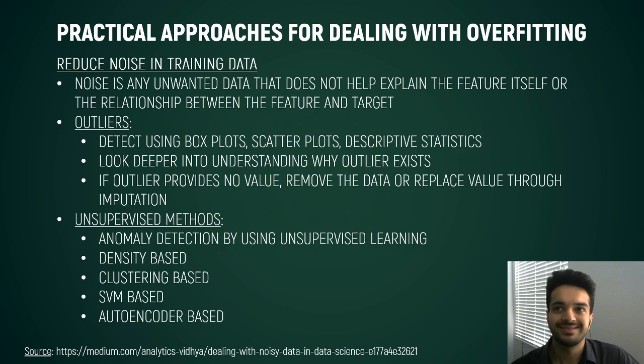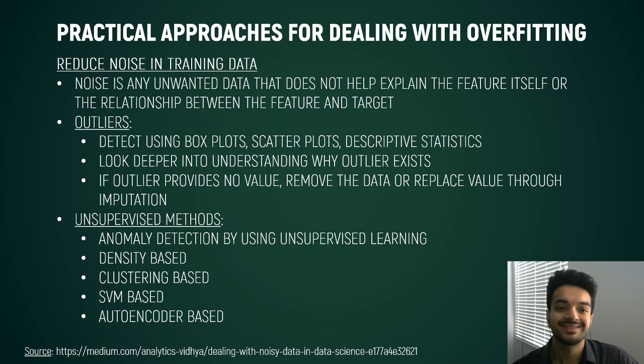So this can be detected visually by plotting box plots or scatter plots, or mathematically through descriptive statistics. And once you find outliers, don't just blindly remove them. You need to look deeper into understanding why they exist. And if the outlier provides no value, then just remove it or replace it through imputation.